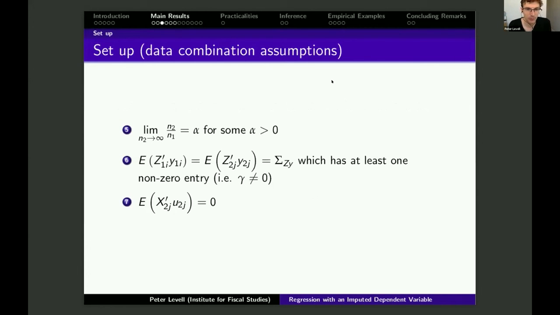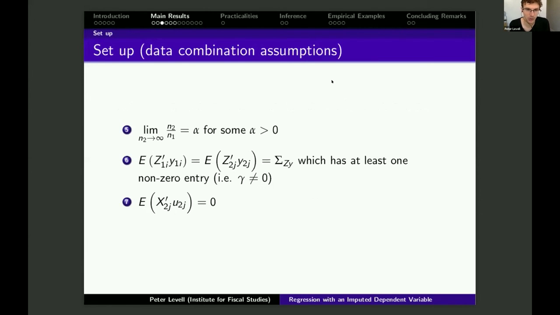We also make some assumptions that are needed for data combination, and these are quite standard. For example, in the literature on two-sample IV, you'd see very similar conditions. As n1 goes to infinity, n2 will also go to infinity.